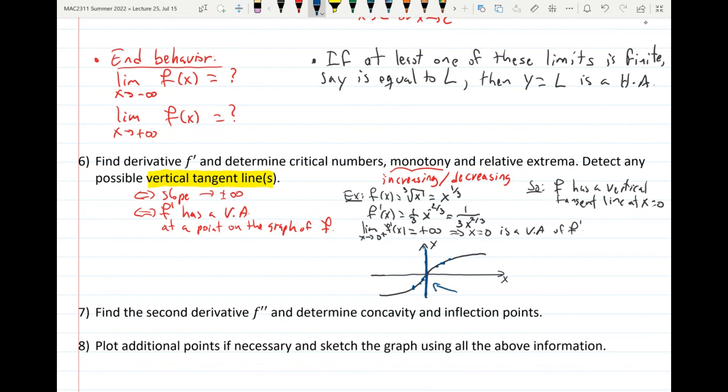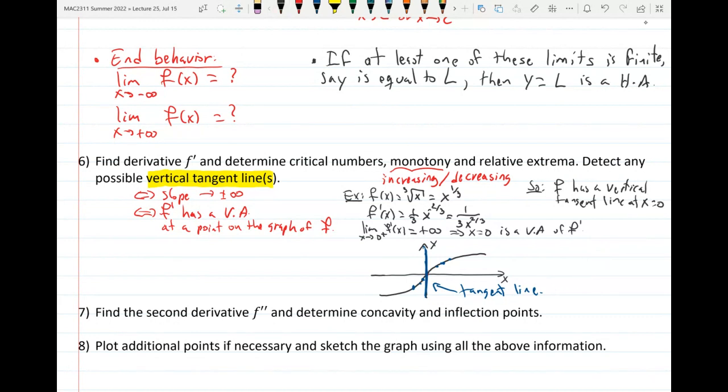So this is a tangent line, but it's a vertical one. So when you're graphing a function, if the function has this sort of shape with an inflection point like this, typically you're going to have a vertical tangent line.